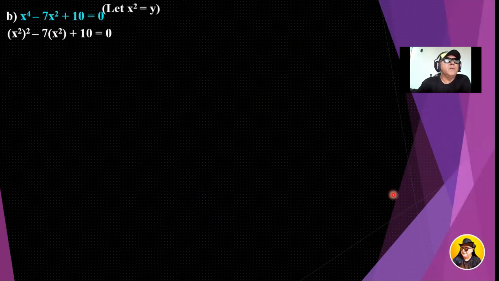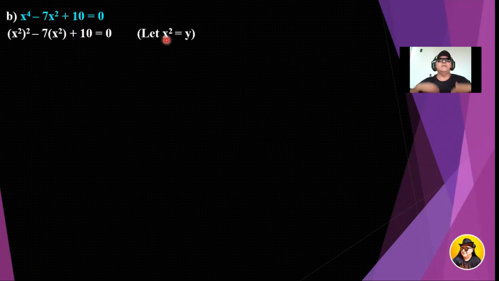Take a look. All right, so our question B is x to the fourth minus 7x squared plus 10 equals 0. And see what I did already. x squared, squared, minus 7 times x squared, plus 10 equals 0. Remember, as I told you, and I'll repeat all the time, this is our way out.